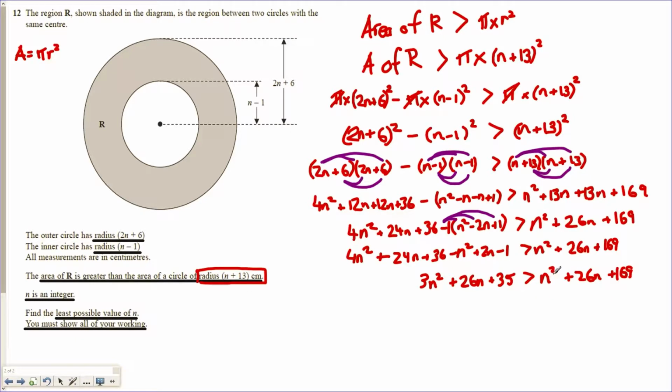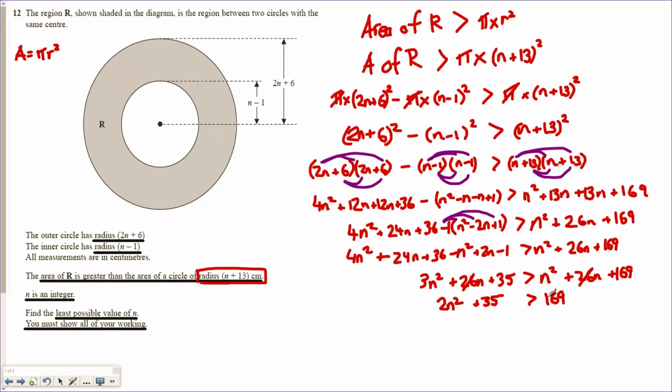So I'm going to subtract n squared from both sides. And if I subtract 26n from both sides, this 26n with this 26n, they'll cancel out. So we're just going to be left with 3n squared take away n squared is going to give us 2n squared plus 35 is greater than 169.